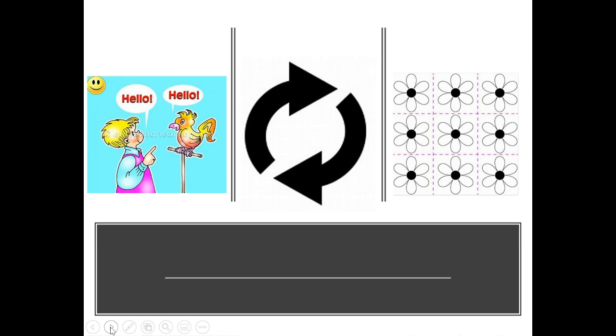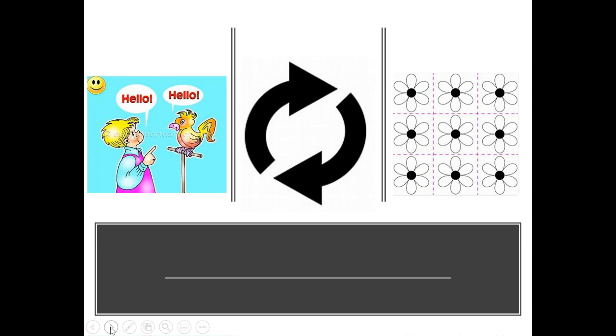And the pet parrot repeated what she said, and the parrot said, "Hello." And in the next picture, I notice arrows that keep going around over and over. And in the third picture, I notice a pattern of flowers, three rows of three flowers. They're all in some sort of pattern or repeating.